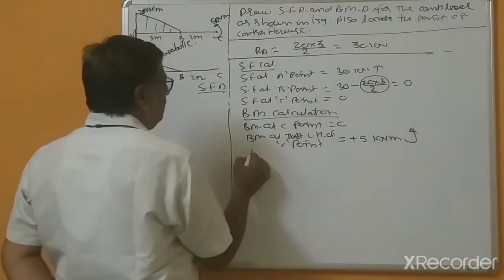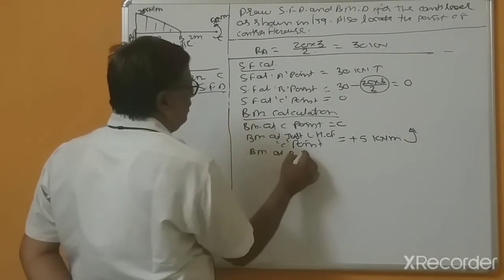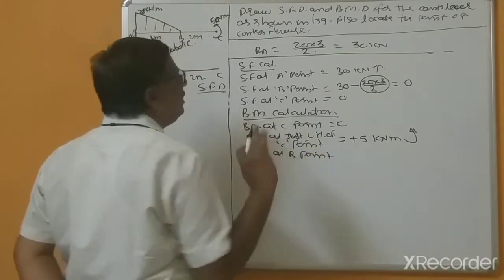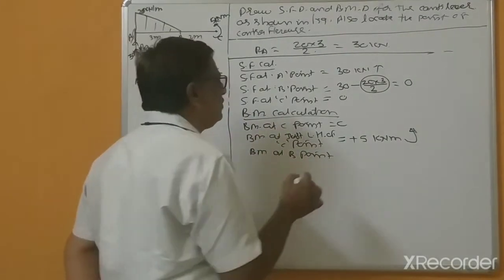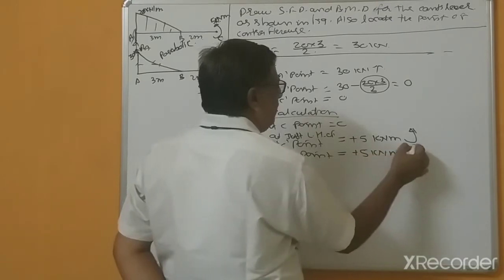Bending moment at B point, again there is no other moment, so this is plus 5 kilonewton meter.